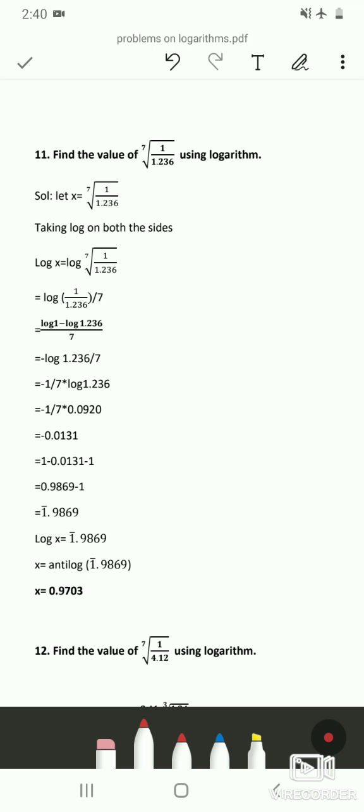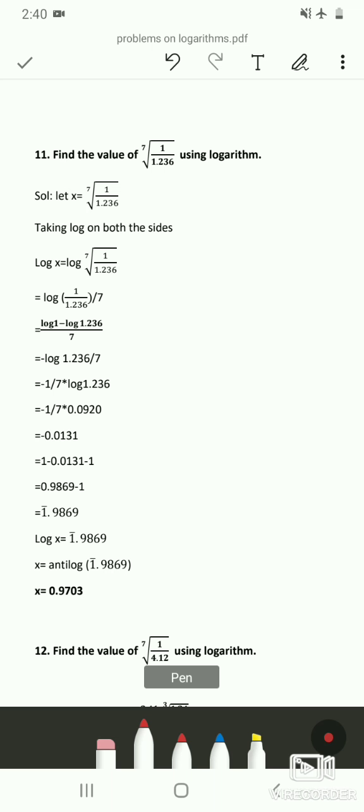So this is for your convenience. We can rewrite this step as whole divided by 7 can be written as 1 upon 7 into log of 1.236. So the minus term is over here.